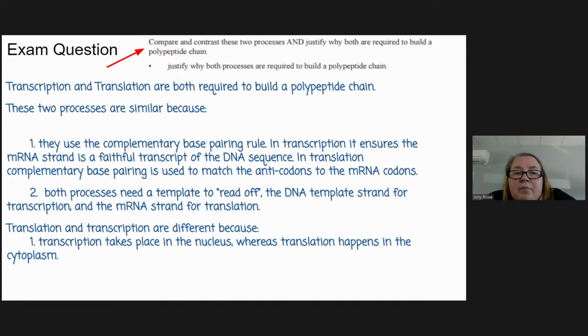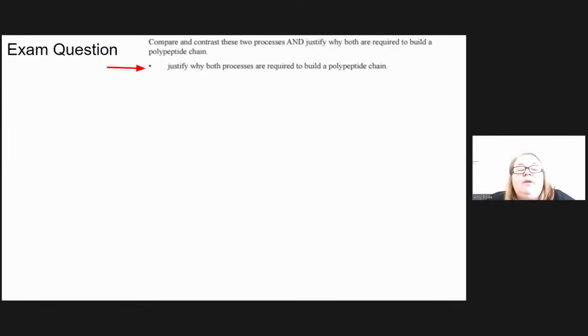So that's the compare part. The contrast part means find ways in which transcription and translation are different. So they are different because transcription takes place in the nucleus, whereas translation happens in the cytoplasm. Nice, obvious one. All right.